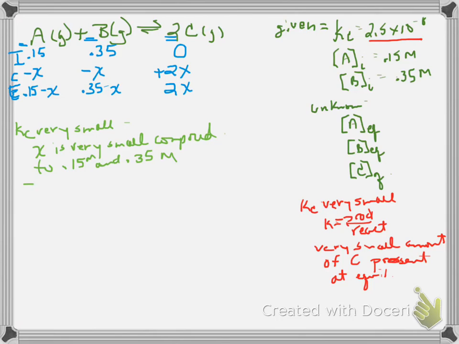So therefore, 0.15 minus x is really going to be equal to 0.15. We're going to make this assumption to make the math easier.